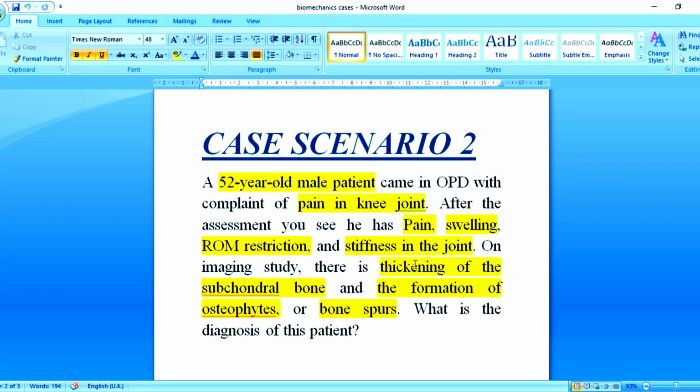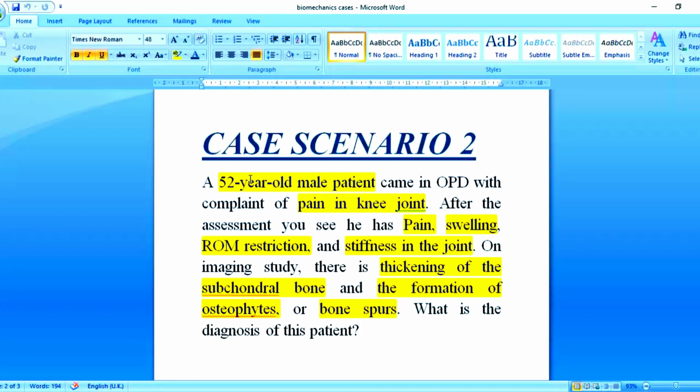Basically, there are some major points that you have seen in this case scenario. The first one is that the 52-year-old male patient is complaining of pain in the knee joint. After the assessment, you can see the pain in the specific region the patient complains of, and the swelling surrounding the joint, the region of the pain.